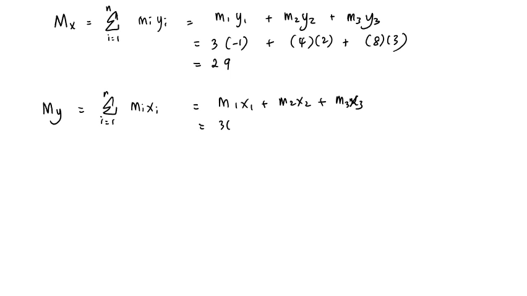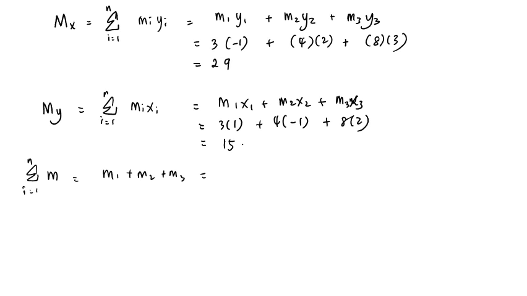So 3 times 1 plus 4 times negative 1 plus 8 times 2 gives you 15, and the total mass m equals m1 plus, just add everything together. 3 plus 4 plus 8 equals 15.